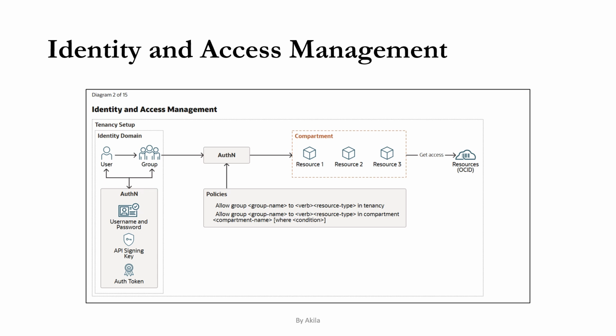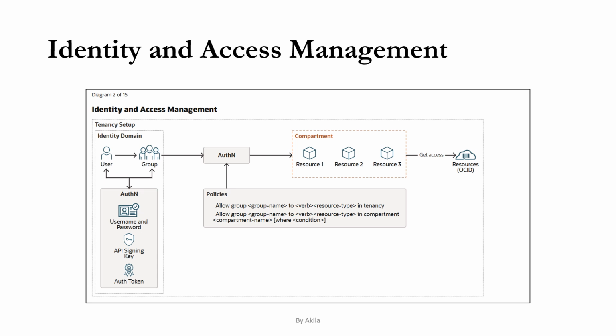In case I want some resources from the compartment, we also need to provide the statement: allow group, group name, or if you are going to use a particular username, to verb, which is what kind of resource we are going to access.